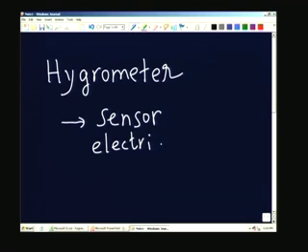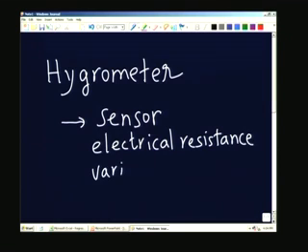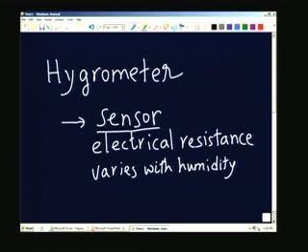So, the electrical resistance of the sensor element varies with humidity. Hygrometer measures the humidity in the atmosphere, and the sensor which is used in the hygrometer has an electrical property called electrical resistance, which varies with humidity.